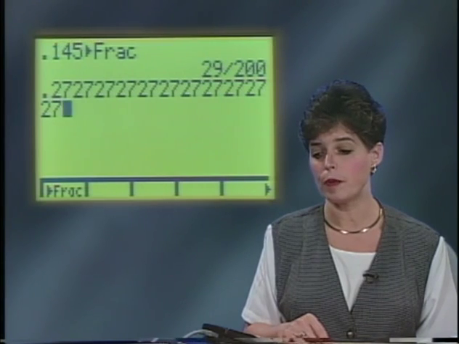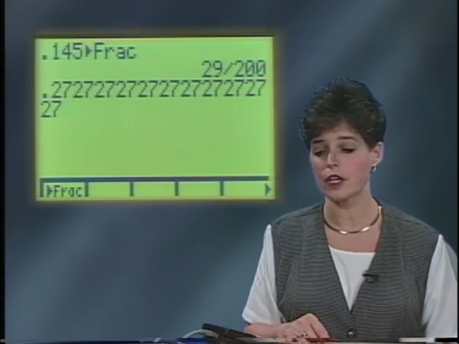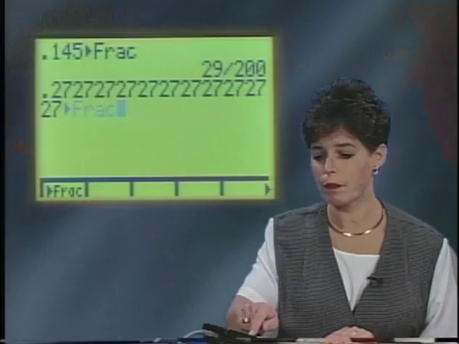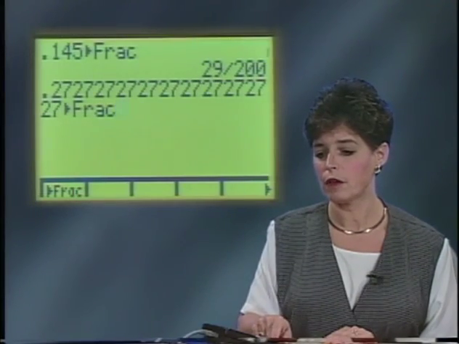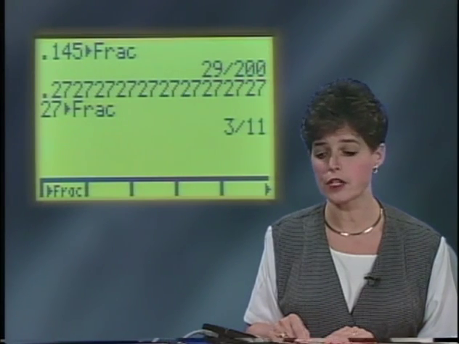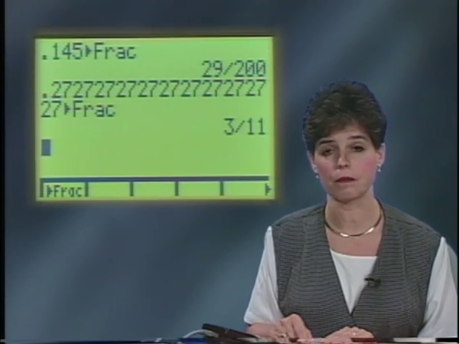I'd like this repeating decimal to be changed into a fraction, so let's go with F1, 2 frac. Press Enter, and it has changed this repeating decimal into its appropriate fraction, which is 3/11ths.